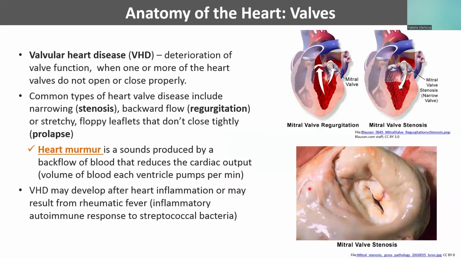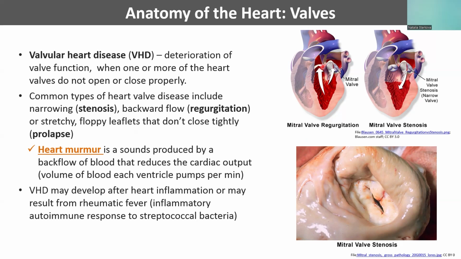Sometimes the valves start to malfunction, and that's called valvular heart disease, or VHD. Usually it's when the valves do not close properly or do not open properly. They might narrow, which is called stenosis, and here you see there's very little blood that can go through this valve. Or sometimes the valves do not close properly, and in this case they allow some backflow of blood back into the atria.